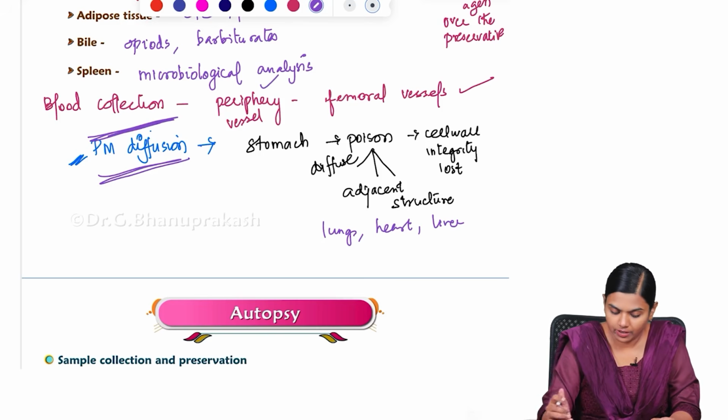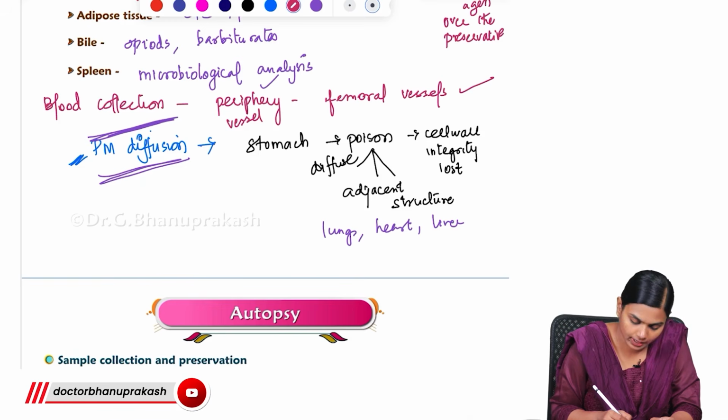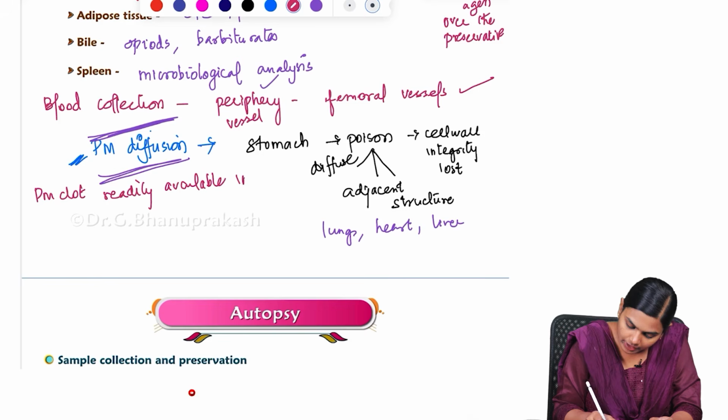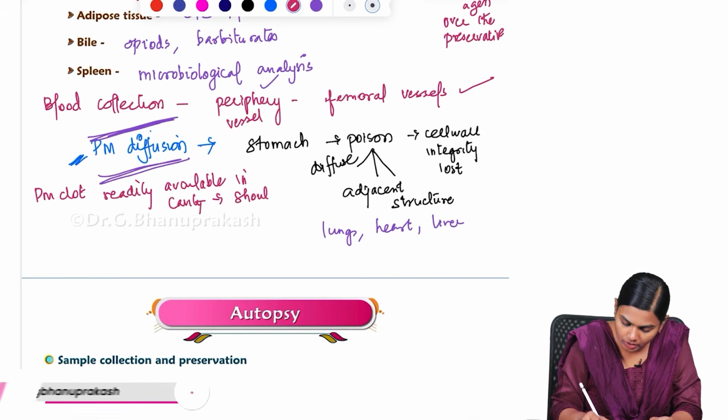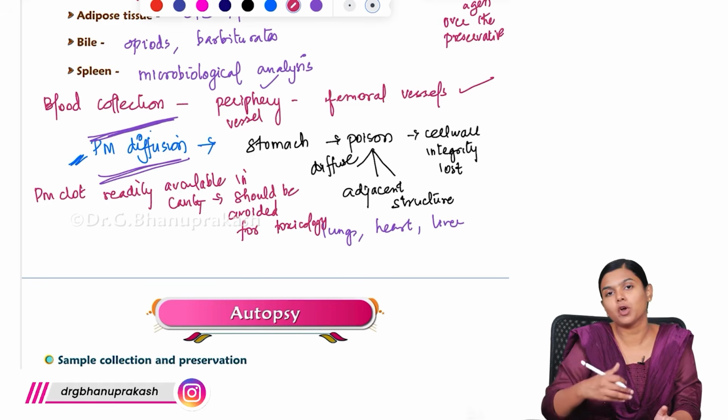And sometimes post-mortem clotting of blood will occur and you will have clots readily available in the cavity. This clot should also be avoided for toxicological analysis, because it will give you false positive results or abnormal values.